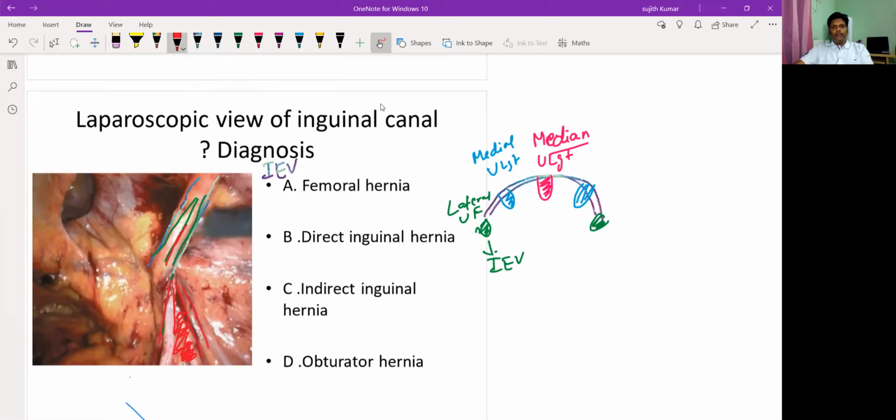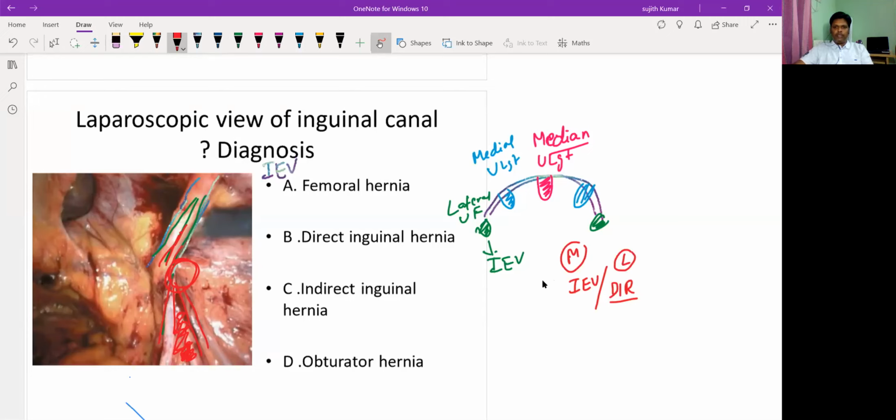We already know the relation between the inferior epigastric vessels and the deep inguinal ring. Here, this is the deep inguinal ring. The inferior epigastric vessels will be present medially and the deep inguinal ring laterally.